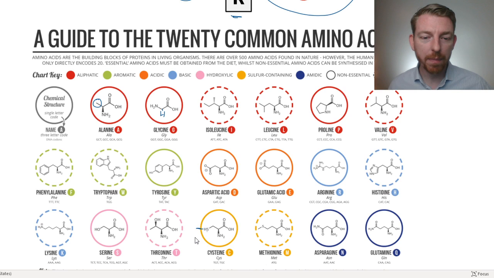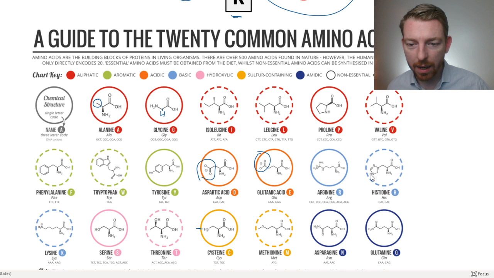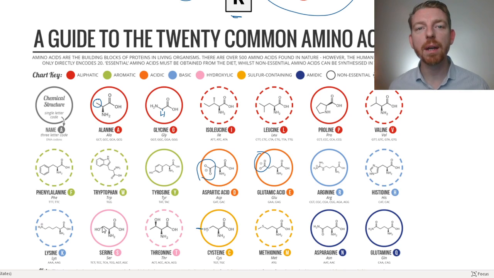And any one that has, say, a couple of oxygens hanging off it, like the aspartic acid or the glutamic acid here, or some hydrogens, so even the histidine, lysine, serine there, these are going to be able to participate in hydrogen bonding. So again, forming a weaker but still strong enough bond between different parts of the protein.